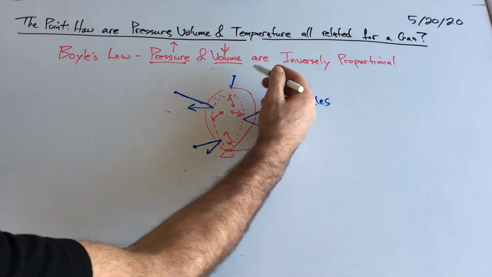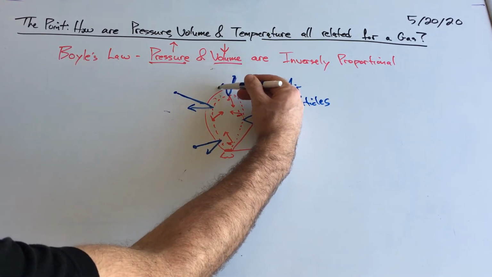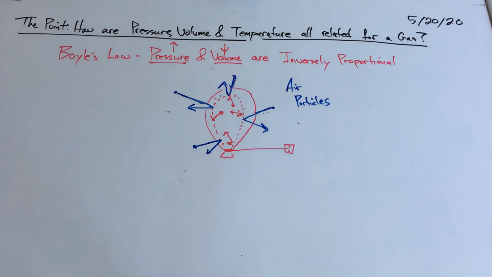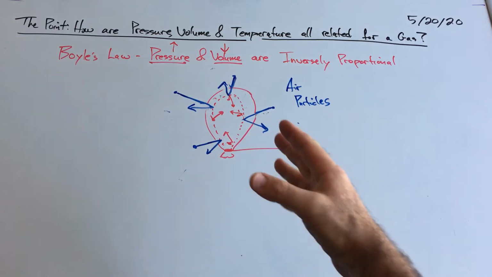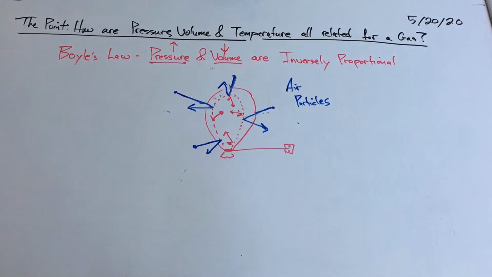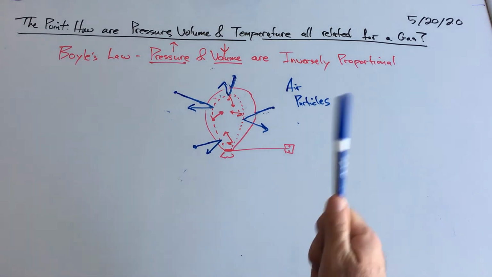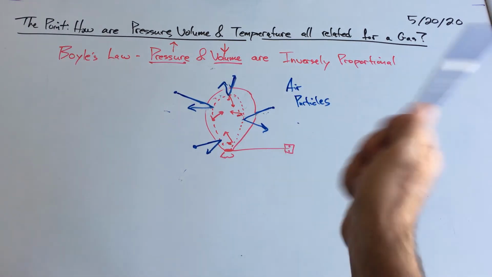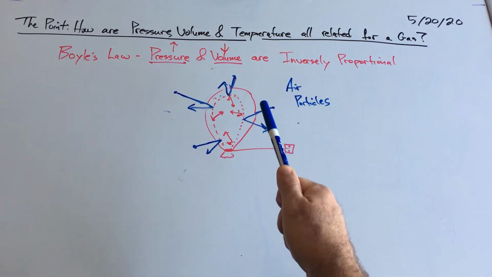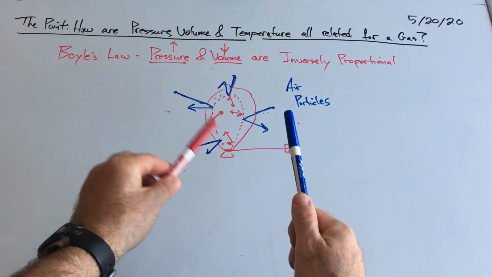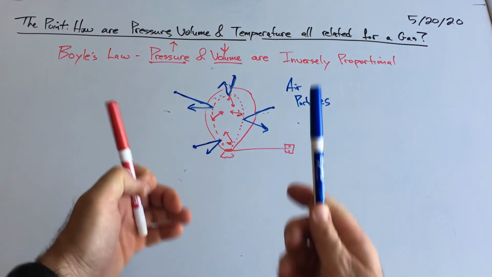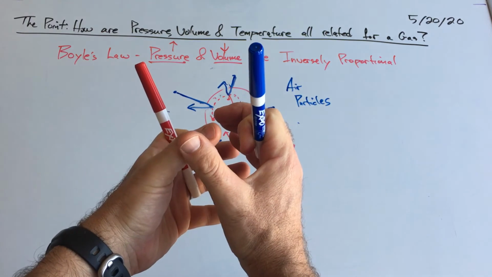I'm going to shrink the size of your balloon. Yay! So as pressure increases, as the particles on the outside get more power and bang against the balloon harder, the ones on the inside lose ground. And the whole thing collapses.